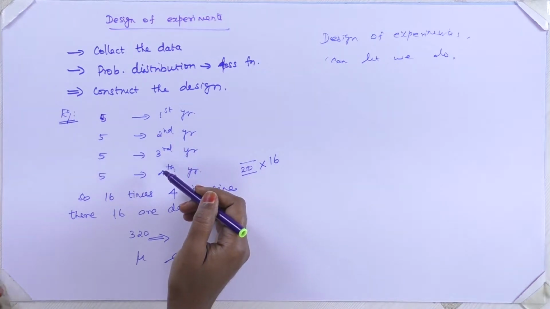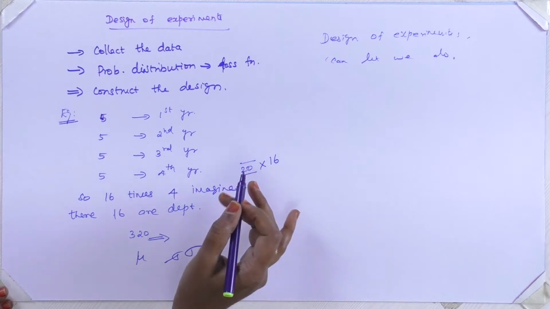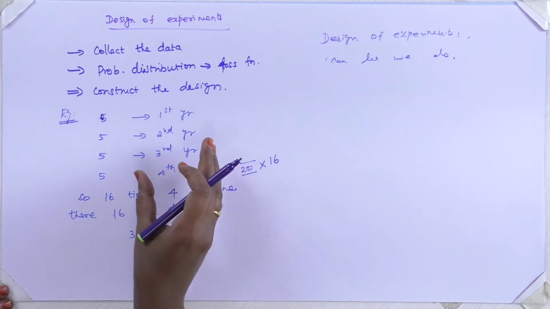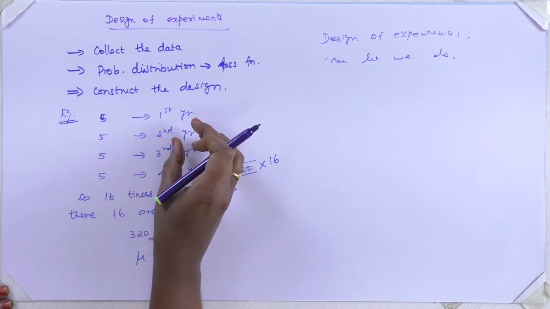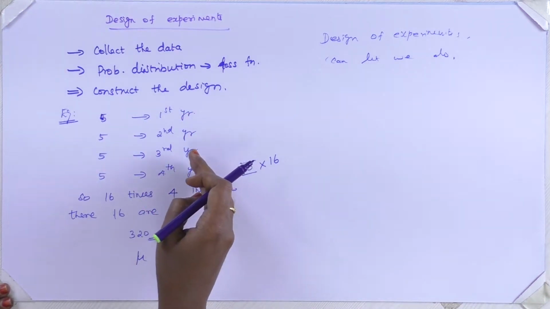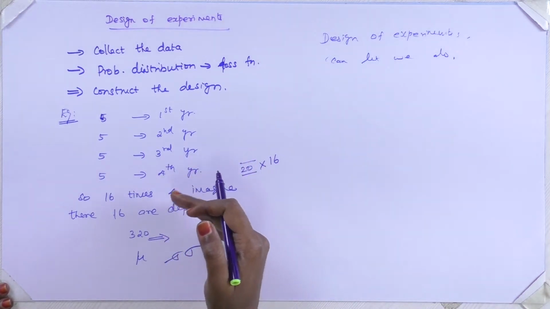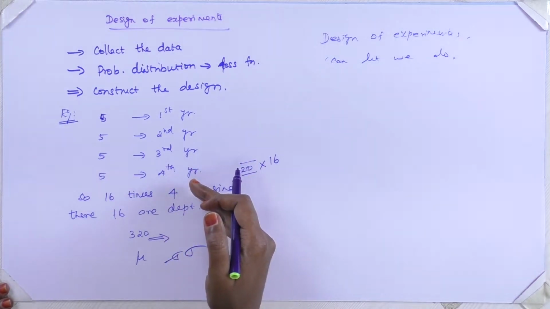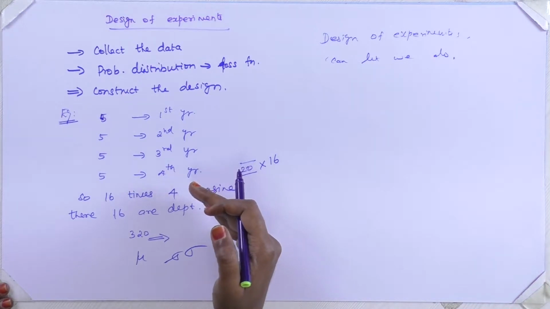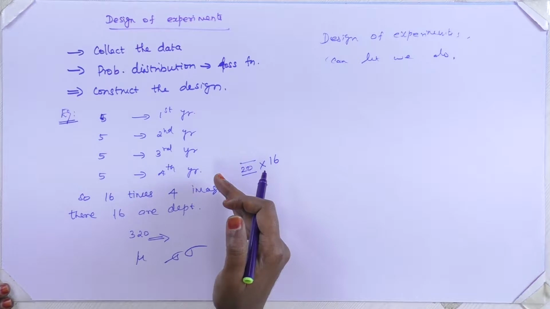These are our inputs, and we get some output. Repeating this process, we get different outputs. This is called an experiment.